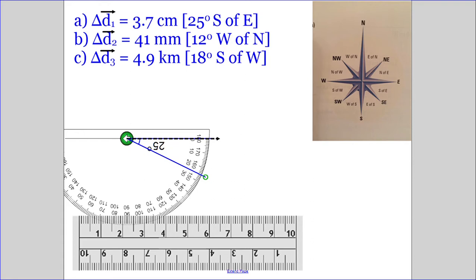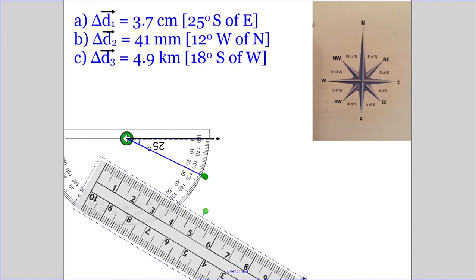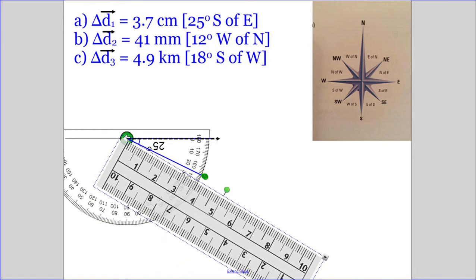And so really on your page, you could just put a dot at the end of your line, somewhere like right here, and then you take your ruler and use it along the angle that you're at, so we can tilt our ruler and measure out what this is going to be.